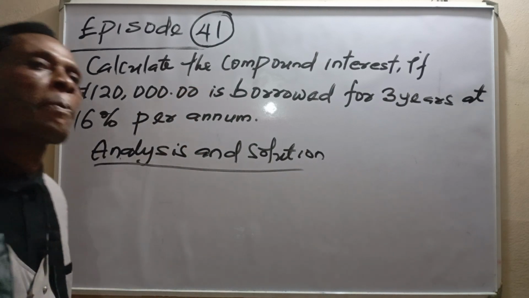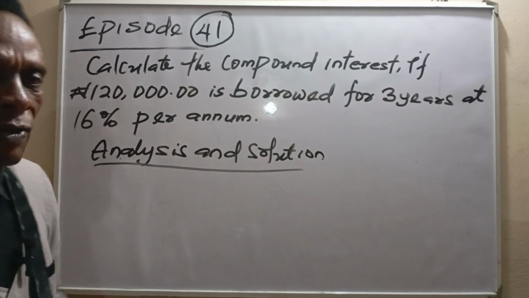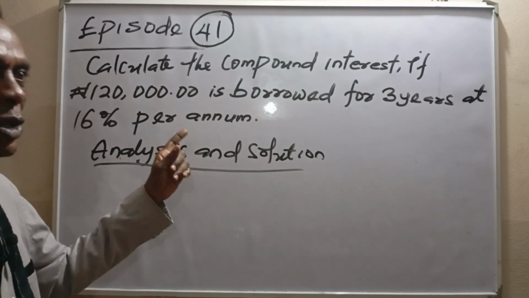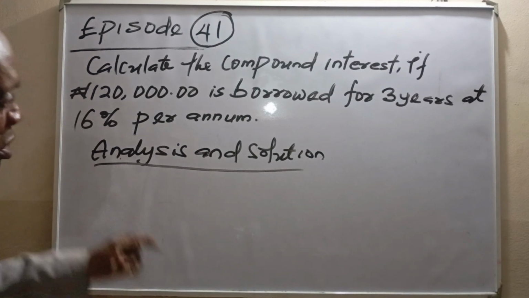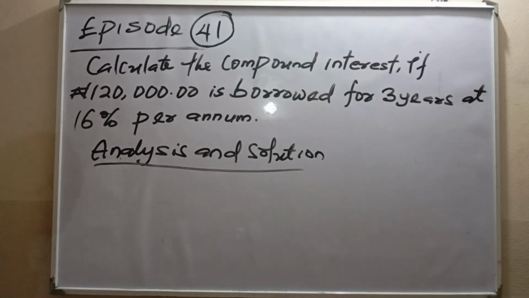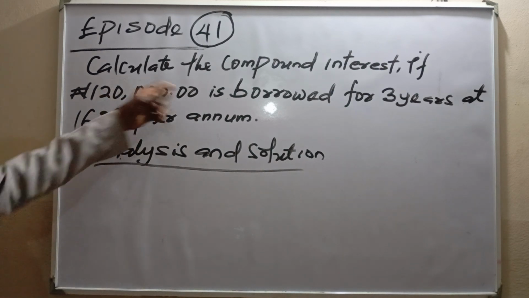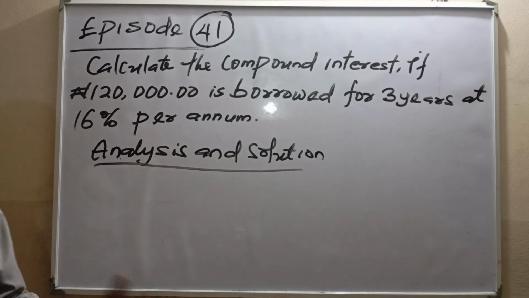This is an objective question, a past question, but it's objective. So since it's objective, we use the formula method in resolving a compound interest, because we have two methods of resolving it. When it's an objective question, you use the formula method in which you compound it.